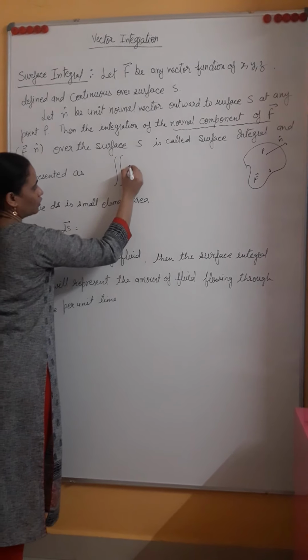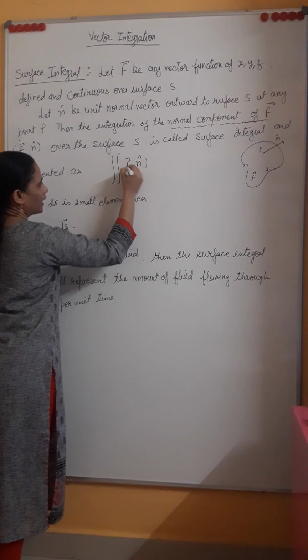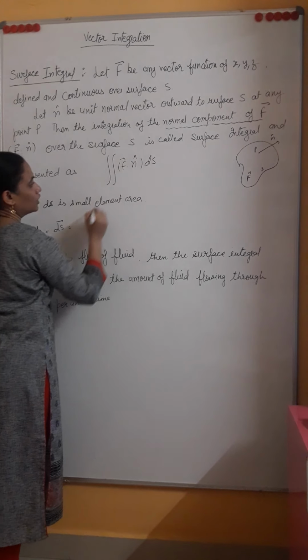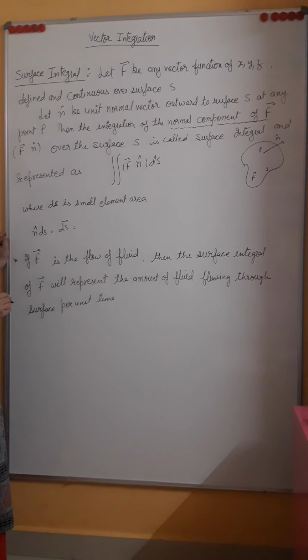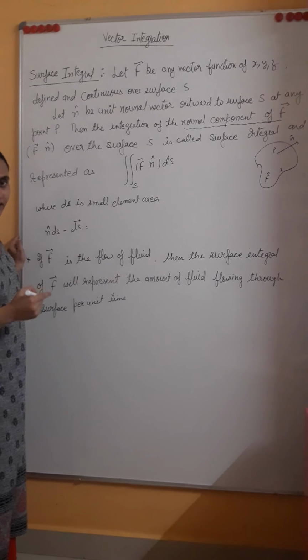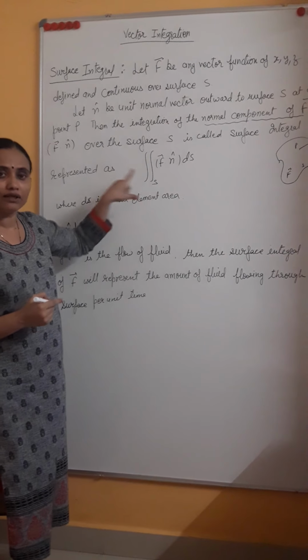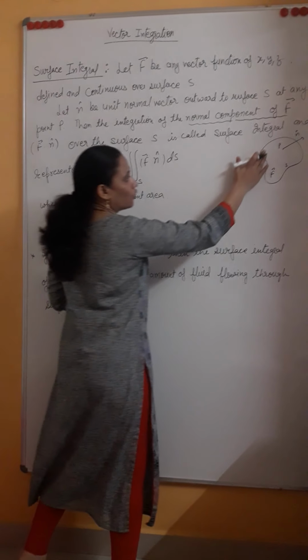Double integration of f dot n cap ds, where ds is over the surface. Here you should remember that surface integration is always two-dimensional, double integration. We have to take double integration since we are going over the surface.